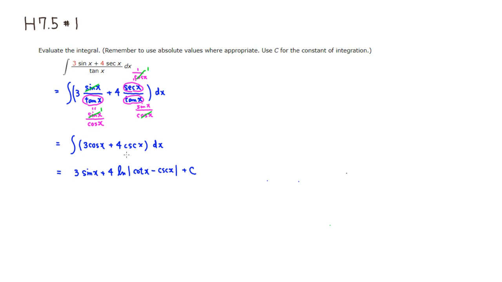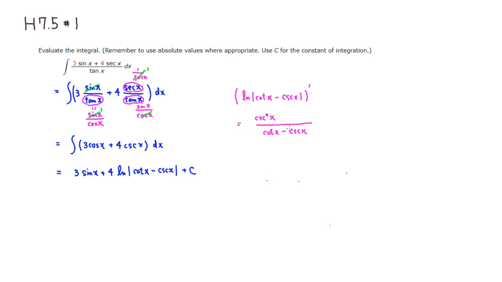Let's take the derivative to see if we can get that. If not, we have to change it. So you have the natural log of cotangent of x minus cosecant of x. If we take the derivative of this, the derivative of cotangent is cosecant squared of x.